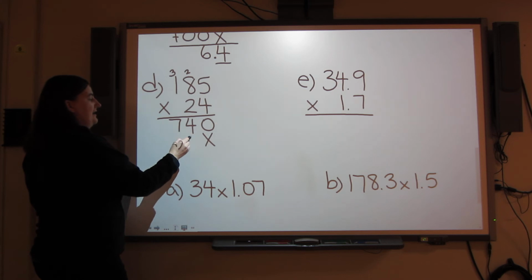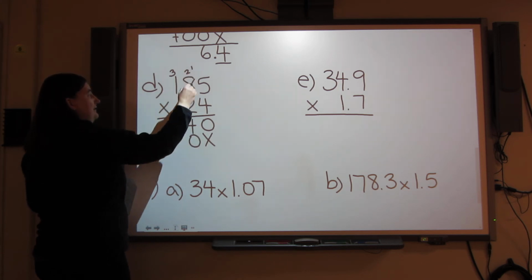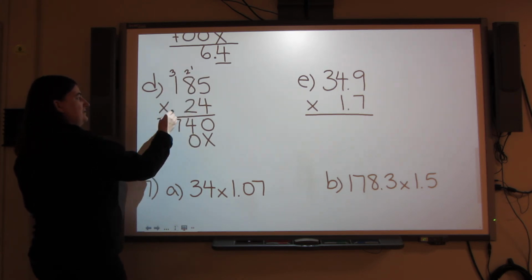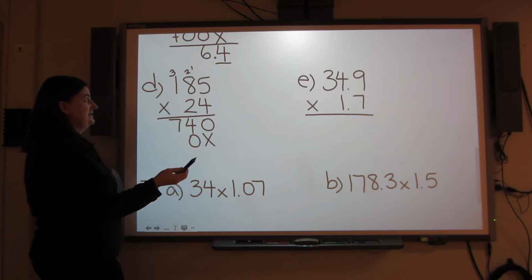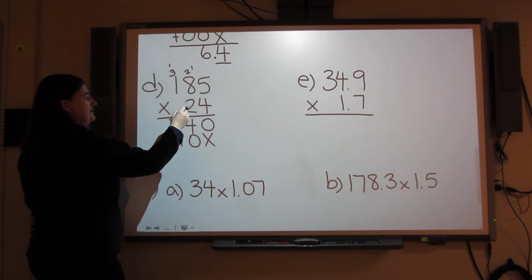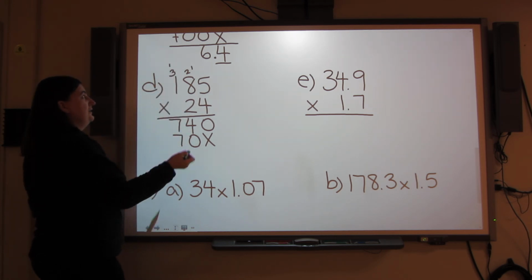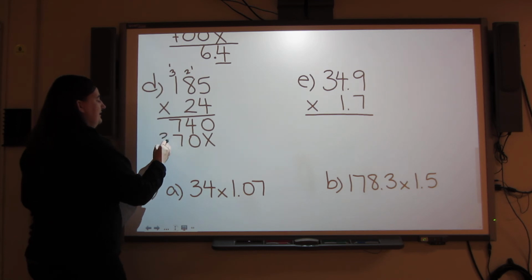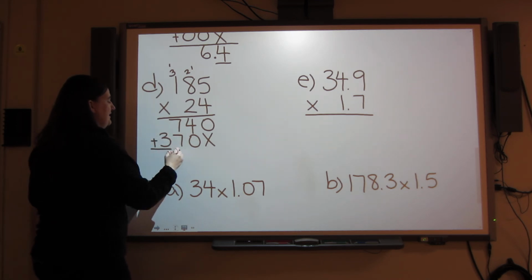2 times 5 is 10, carry your 1. 2 times 8 is 16, plus the 1 that I carried is 17, carry the 1. 2 times 1 is 2, plus the 1 that I carried is 3.